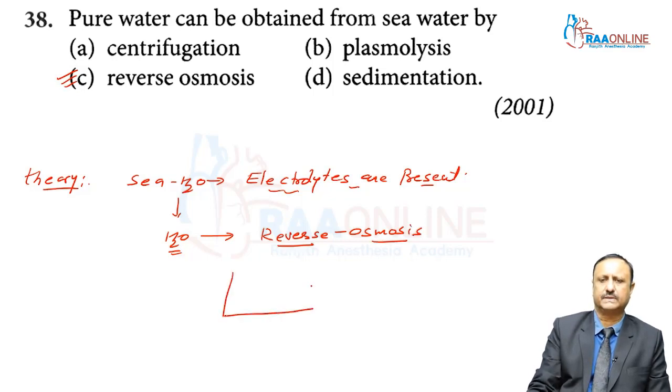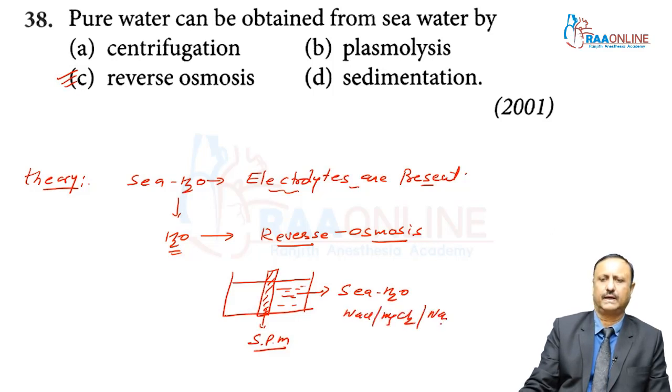In reverse osmosis, we can see here, this is the SPM, semi-permeable membrane, and here this is the concentrated solution. That is seawater in which NaCl, sodium chloride, MgCl2, Na2SO4, these electrolytes are present.